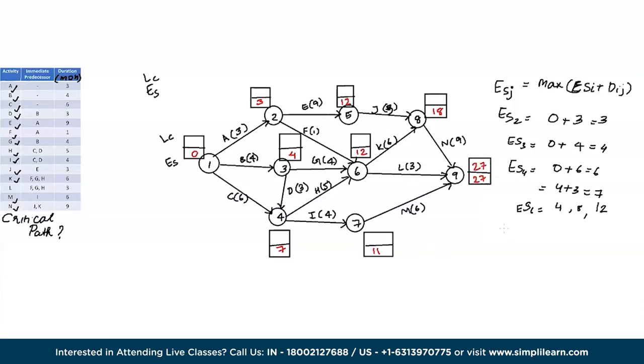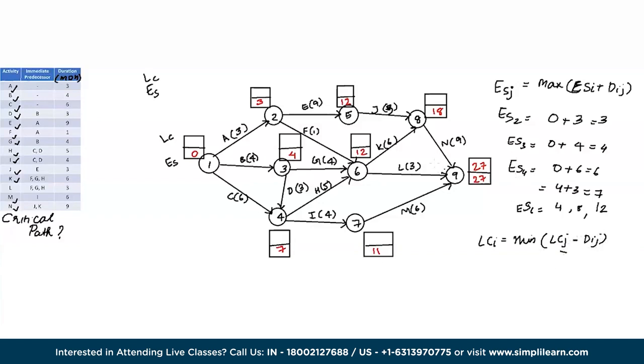Now the formula for latest completion time is: latest completion time of the previous node is equal to the minimum of the latest completion time of the head node minus the distance between them. So let's see what we're talking about.